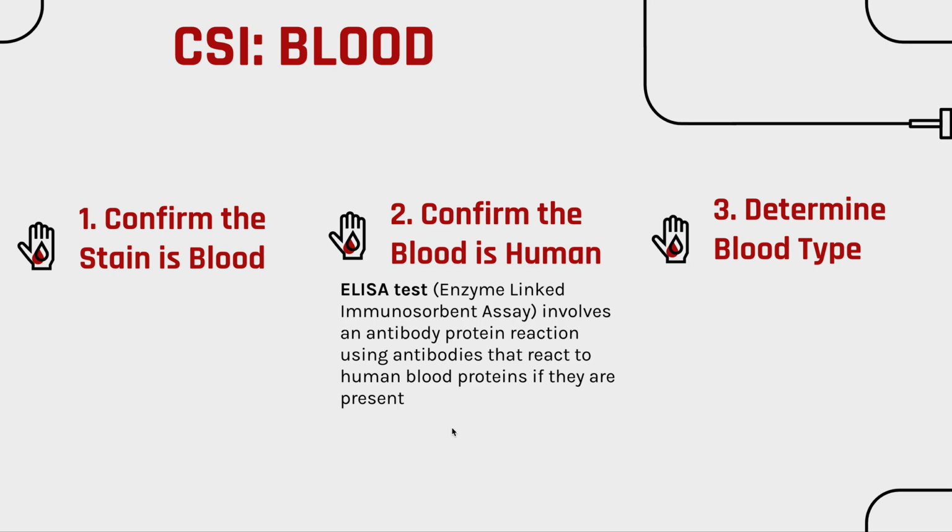We're doing something very similar here, in which we're introducing antibodies to a solvent, and we're wondering if that solvent has human blood proteins or if there are other proteins present. That will allow us to determine whether or not the blood is human.